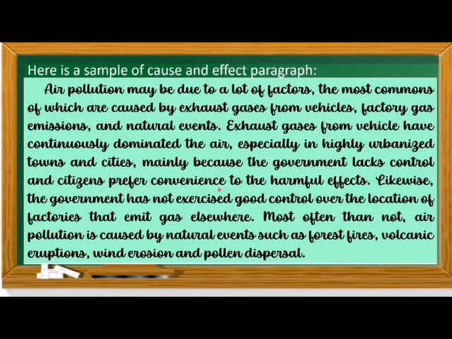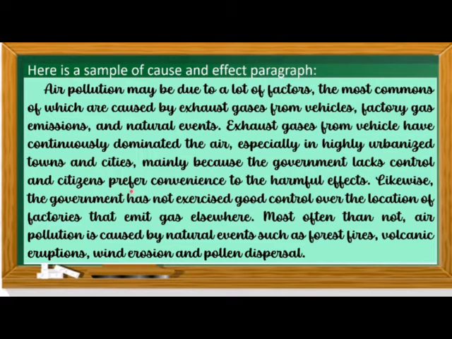So this is the paragraph that shows cause and effect relationship, explaining reasons and results of events, situations, or trends. It particularly uses the pattern, one effect, multiple causes. So you may read this, you may pause the video so that you can read it or read it in your learner's packet.